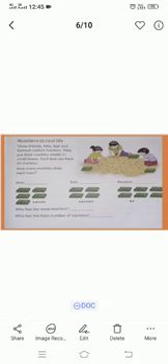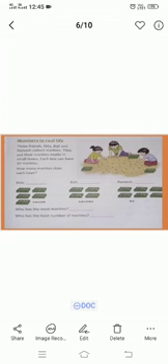Look at this picture. Yes, 3 kids are playing with marbles. Now we're going to count the number of marbles. How many do they have? Shall I count first? Each box represents 10. 1, so it is 10. 20, 30, 40, 50.